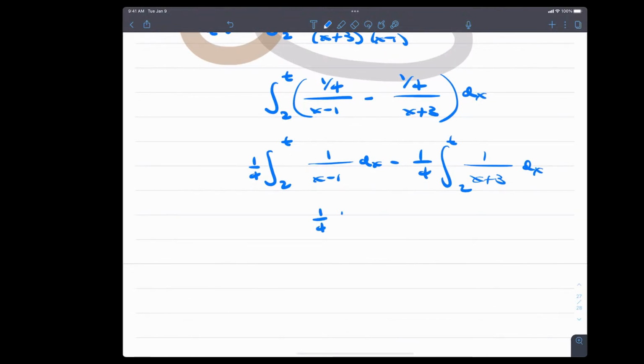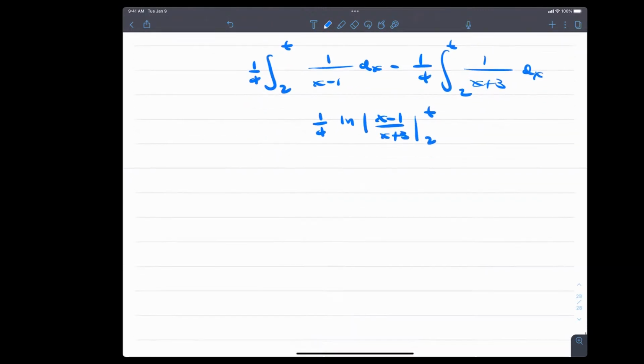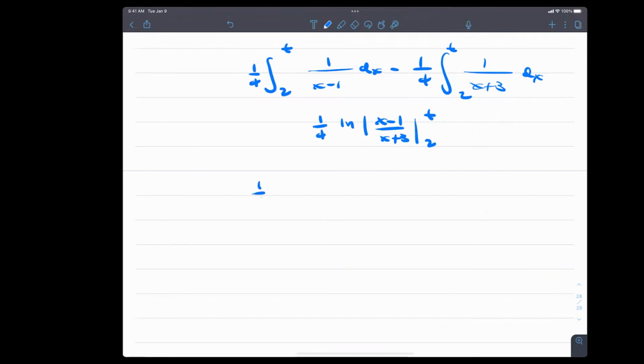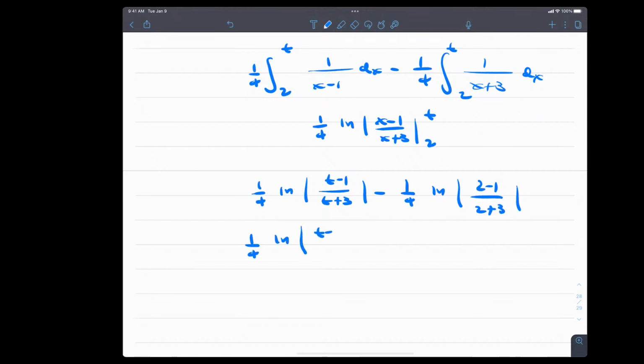It's really 1/4 natural log of the absolute value of x minus 1 over x plus 3, from 2 to t, which is 1/4 natural log of (t minus 1) over (t plus 3), minus 1/4 natural log of (2 minus 1) over (2 plus 3). That's 1/4 natural log of the absolute value of (t minus 1)/(t plus 3) minus 1/4 natural log of 1/5.